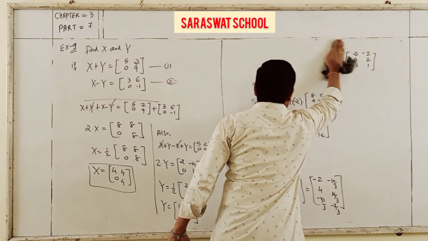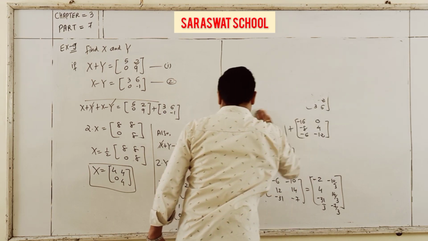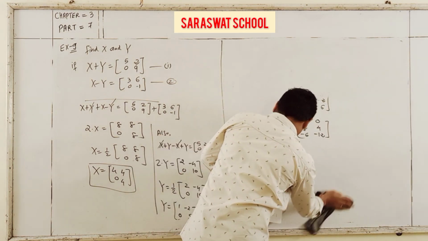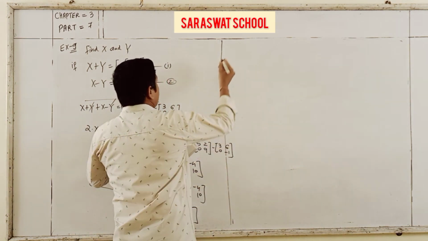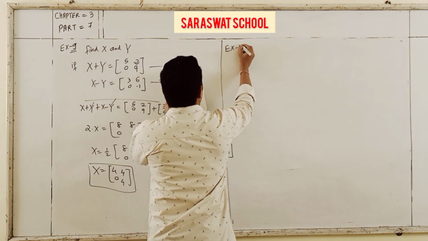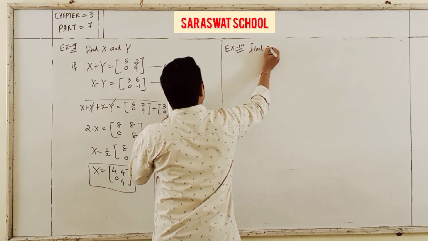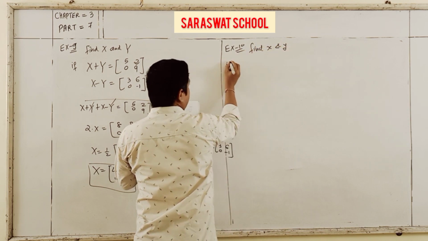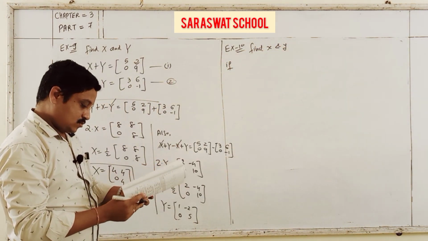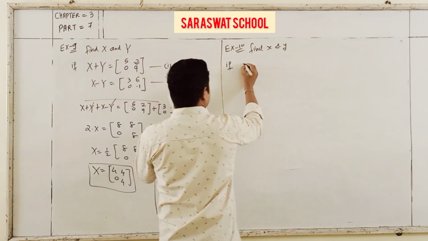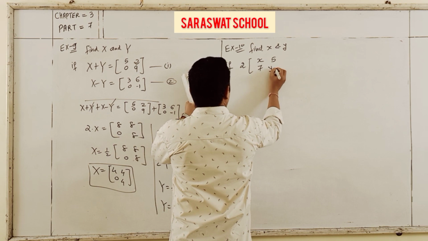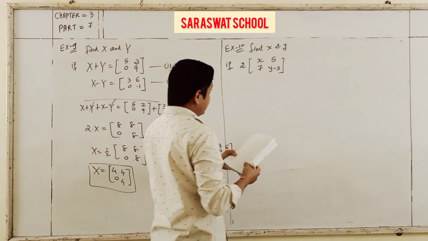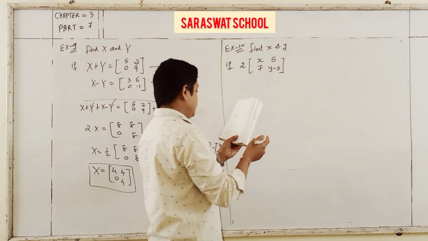Now towards the next question. Example number 10. Very easy. Find out X and Y if the matrix 2 with X 7 5 X 7 5 and Y minus 3.